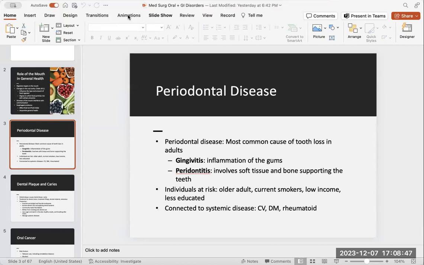If you're a smoker, that can cause tooth decay and even death to tissues. If you have a lower income or are less educated, you might not have access to as many nutritious foods, which can affect your mouth, or you don't know as much about what should or shouldn't be put into your body. So those are individuals that are at risk.